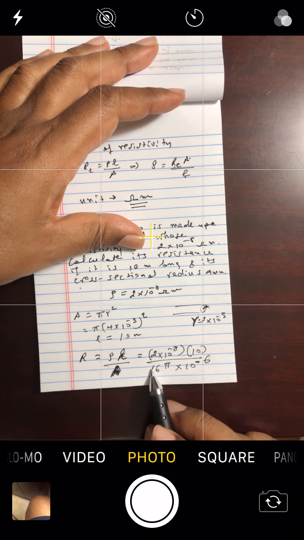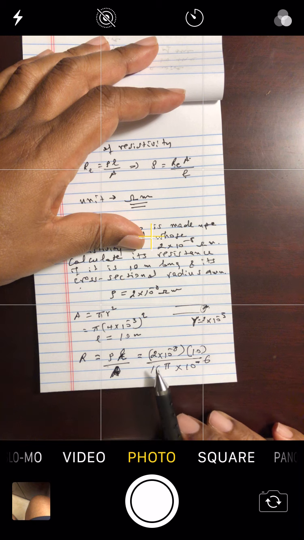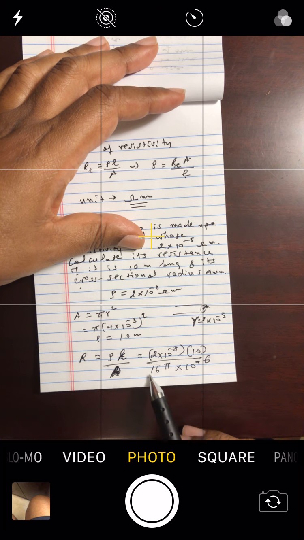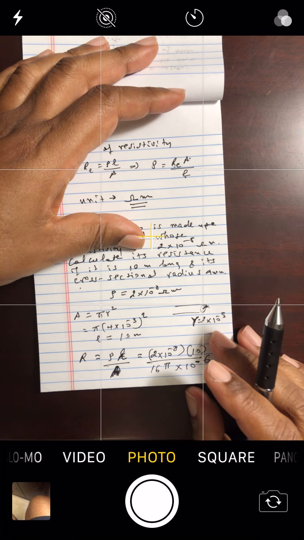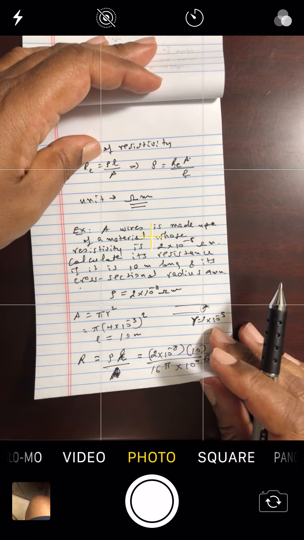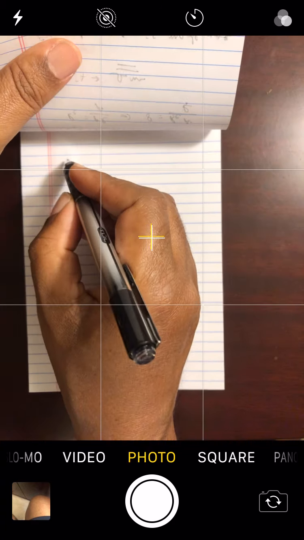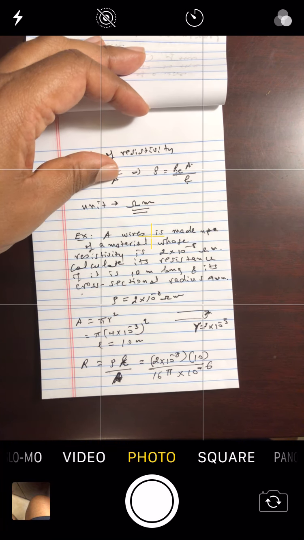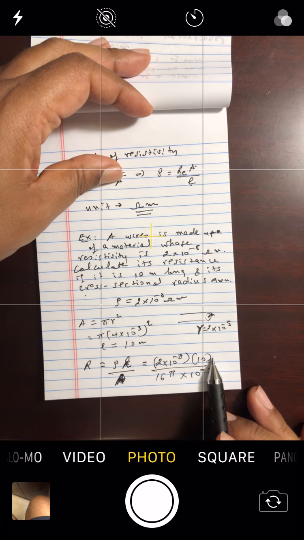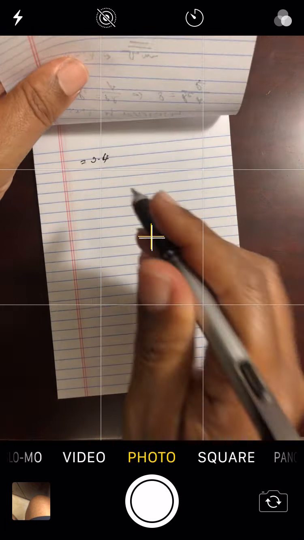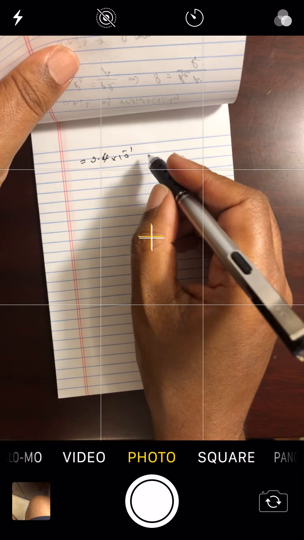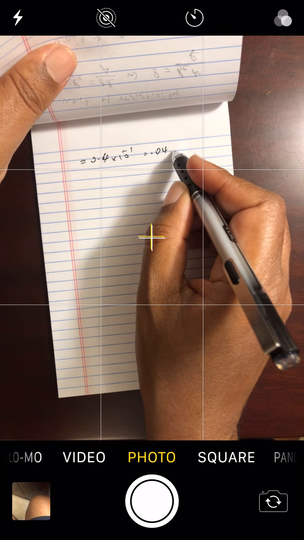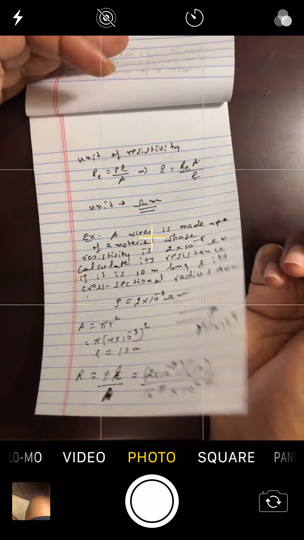This one is about 50 over here. Let's approximate this number by 50. So from the numbers we have 2 over 5, which is 0.4. And then we have 10 to the power of -8 over 10 to the power of -6 times 10, that's 10 to the power of -1. And that, of course, gives us 0.04 ohm, which will be the resistance of the wire.